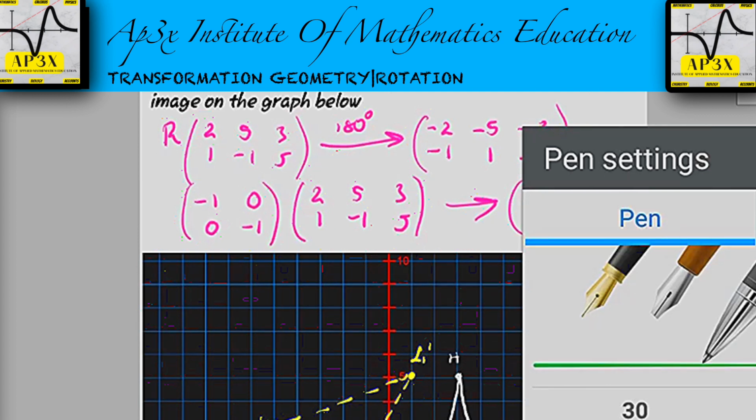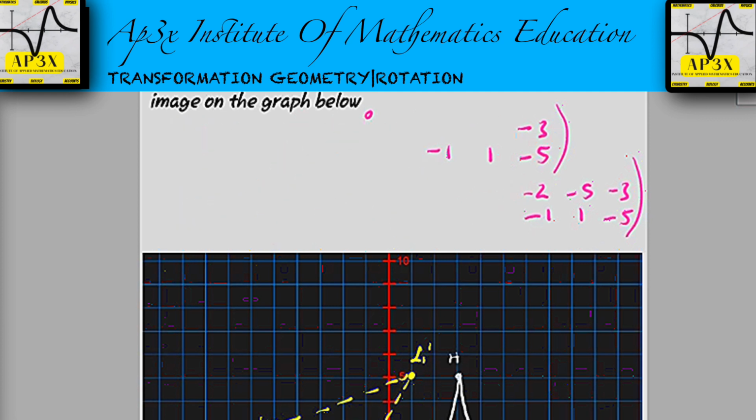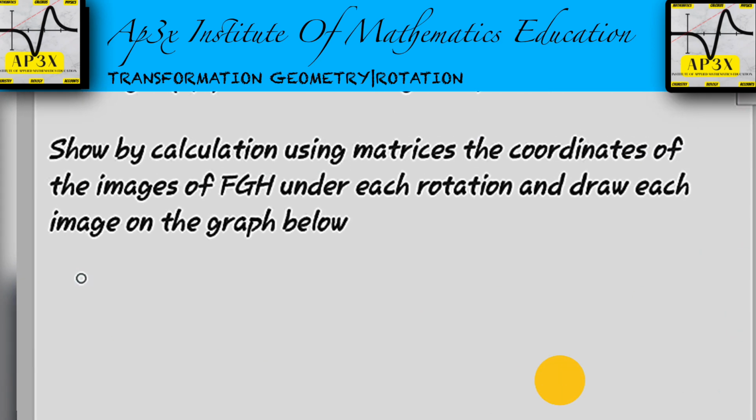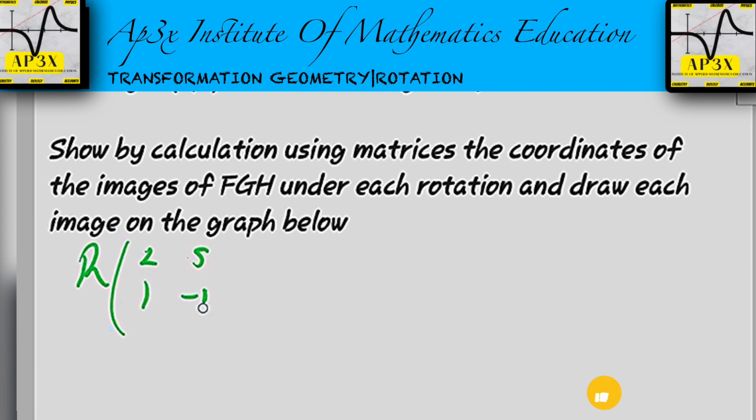I'm going to go ahead then and do a calculation of 270 degrees anti-clockwise. So we're going to have the rotation of the points 2, 1, 5, negative 1, and 3, 5.